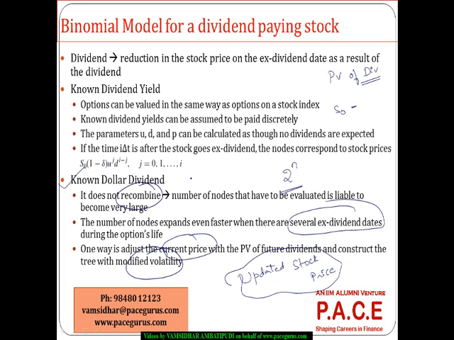So the better solution is to find the present value of the expected spot price and use that as the spot price. Similarly, find the modified volatility, use that as the sigma, and then go ahead and value the option using the binomial tree approach. So these are the two things we have to keep in mind when valuing an option on a stock that pays some dividend.